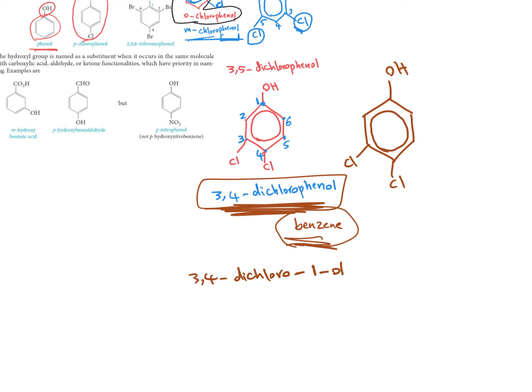That's interesting. What I had in my mind was that we should start from where we had more substituents, but as your friend mentioned, we should also care about naming the OH first. So if I name here 1, 2, 3, 4, it is 3,4 dichloro 1-ol.